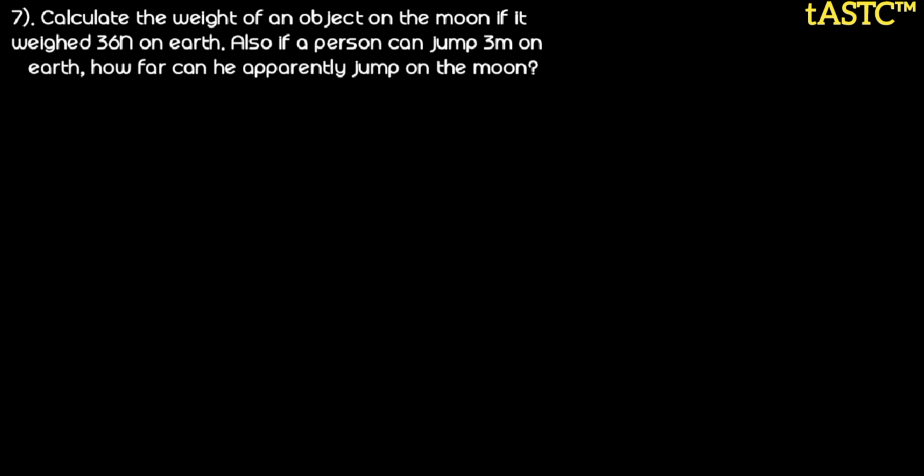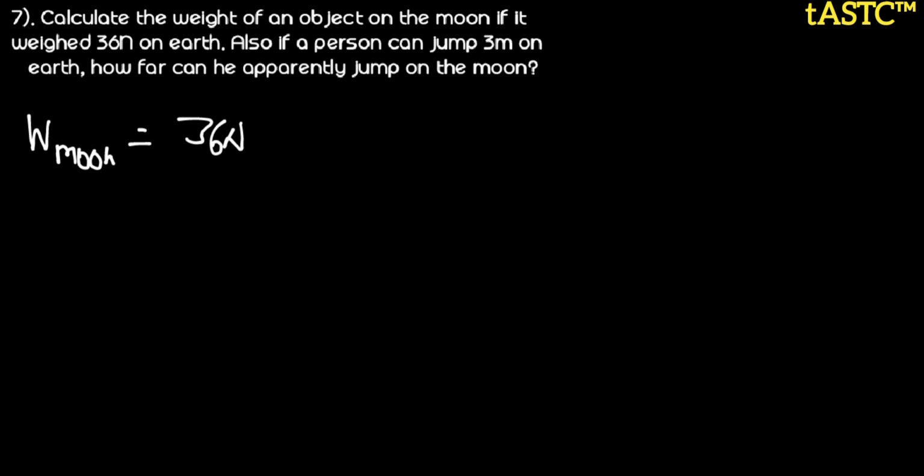So we actually have 2 questions here to solve. Now, we have the first parameter given to us. That is actually the weight of an object on the moon. I will just write it as the weight on the moon. And this is 36 newtons.